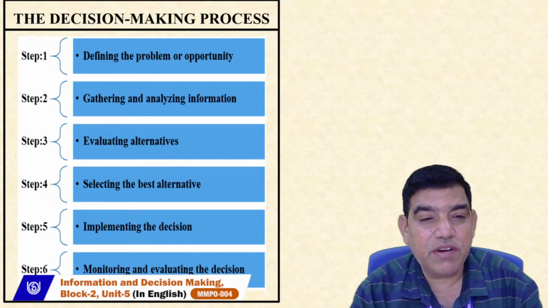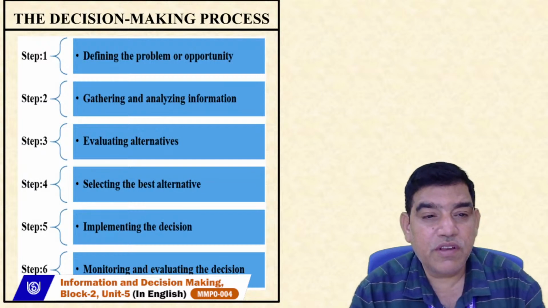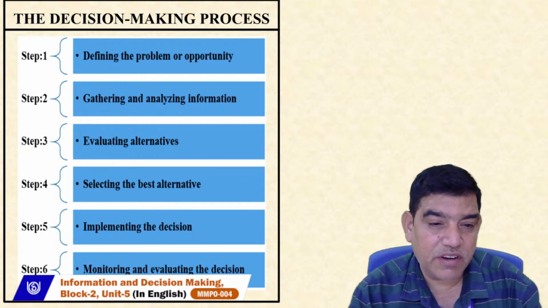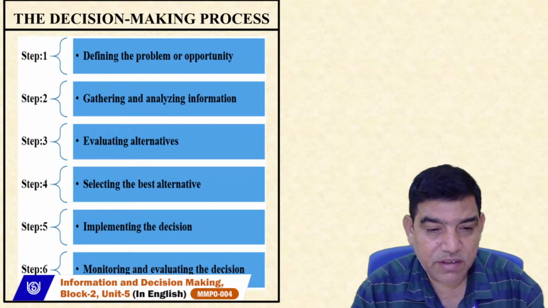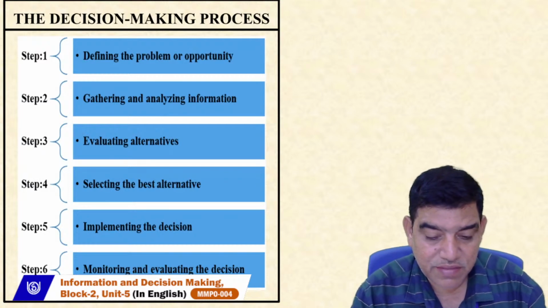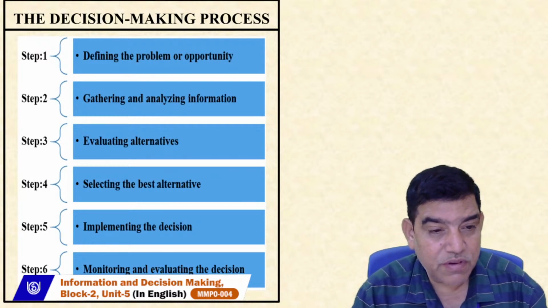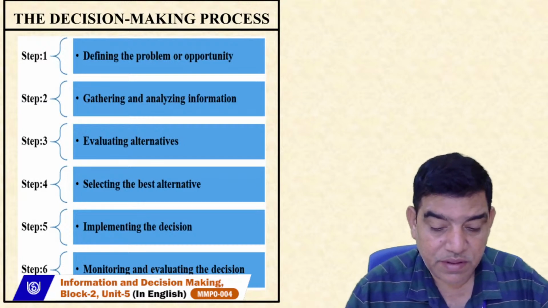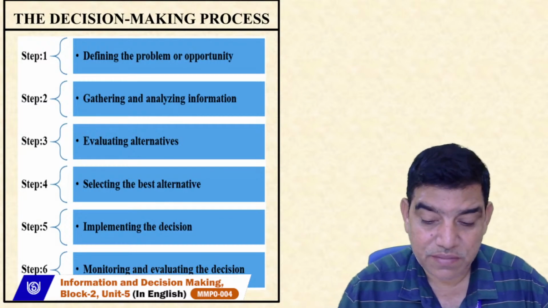For each and every alternative solution, we go for risk analysis and select the best alternative, and that best alternative we can implement. The last step is very important: whether the decision was successful in resolving our problems and producing the desired outcomes or results.